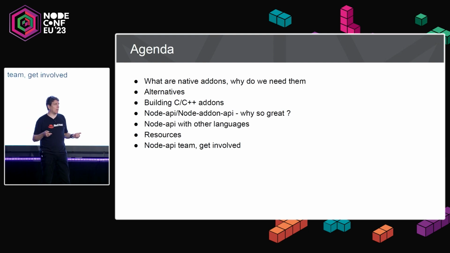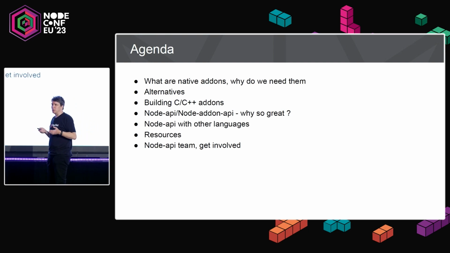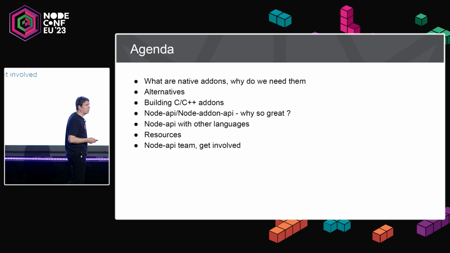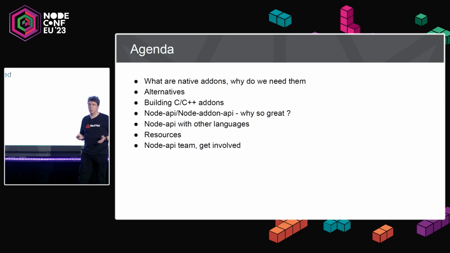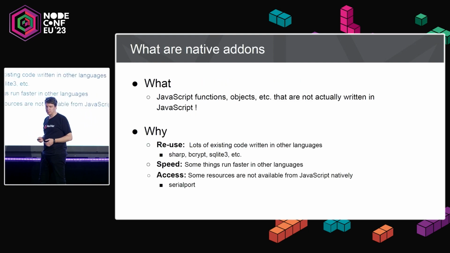And then I'm going to recap as to why I think node-addon and node-addon-api are so great. I'm then going to go into some of the really interesting things that node-addon-api has enabled, and that's running with different runtimes, as well as being able to build your add-ons in different languages. And finally, I'll finish up with some resources if you want to get started. And then if I've really got you inspired and you want to get involved in the Node API work, I'll give you an introduction to the team that's currently working on that.